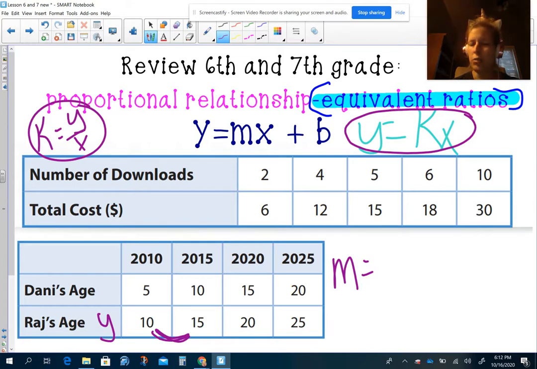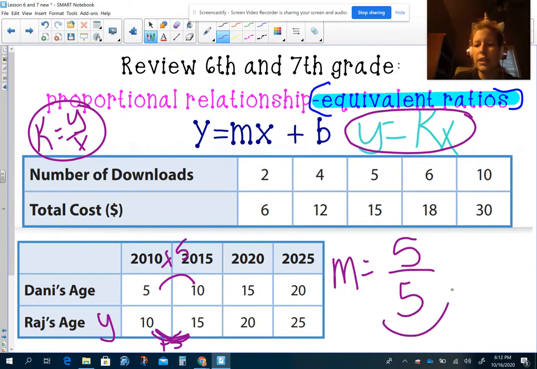And if you needed to use a calculator, that's fine too. Did you say 5? Because I'm adding 5. Nice. How is this one changing going from 5 to 10? Yeah, plus 5. So look at this. What is your rate of change? Did you say 1? Good, because 5 over 5 is 1.